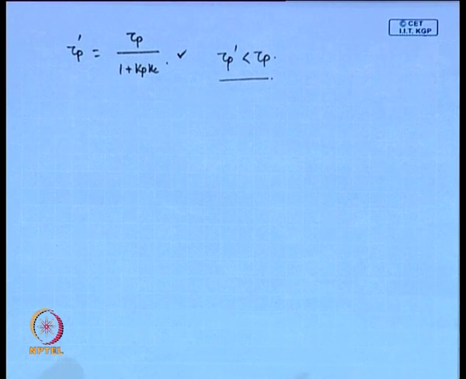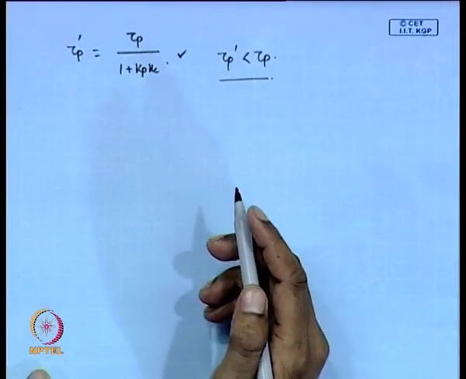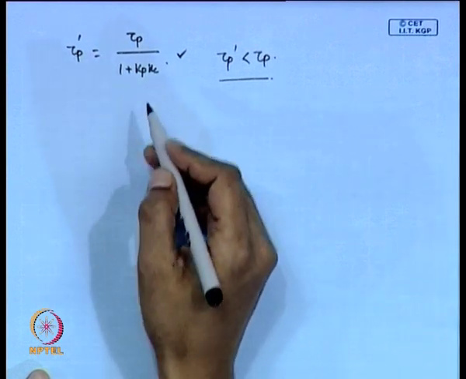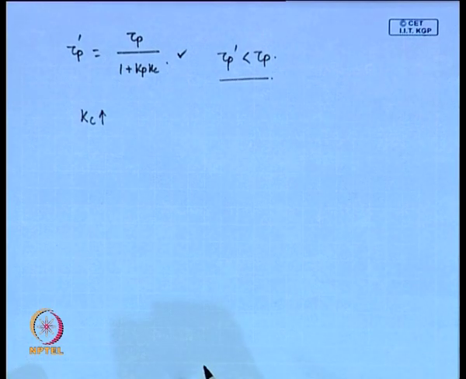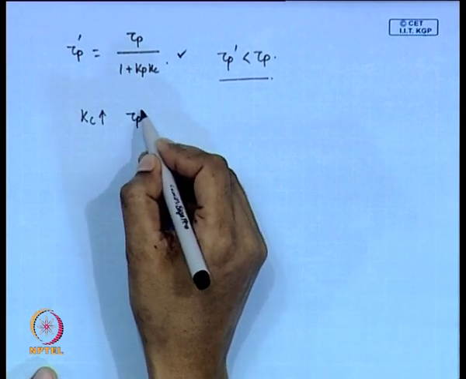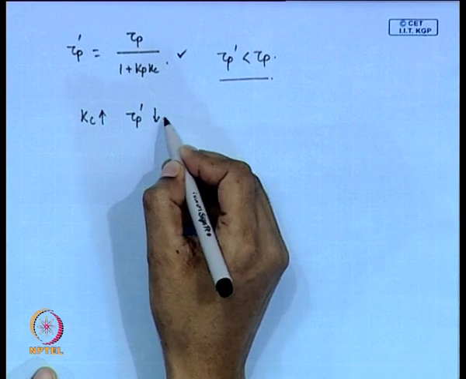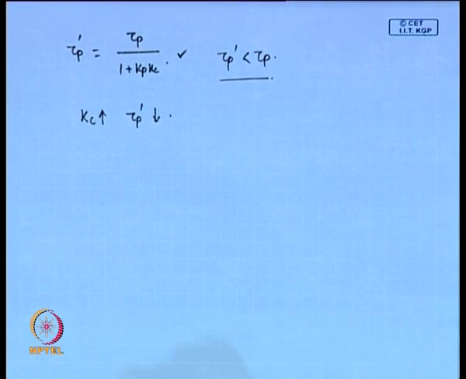So, due to the inclusion of proportional controller, the overall response becomes faster. Another observation is with the increase of K_c, the tau_p' decreases. With the increase of K_c value, tau_p' decreases.